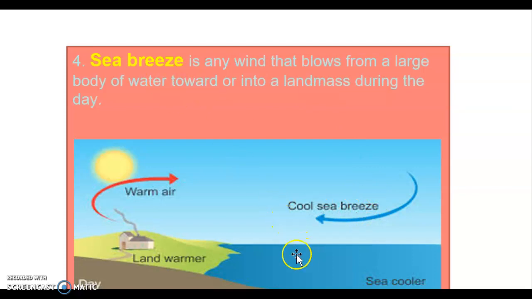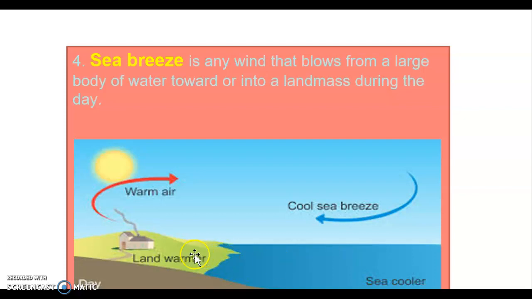So what's going on? I want you to look at the land first. Land absorbs heat faster during the day, and it also cools down faster. That's the characteristic of the land in terms of its heating property. Whereas water heats up slower and it also cools down slower.